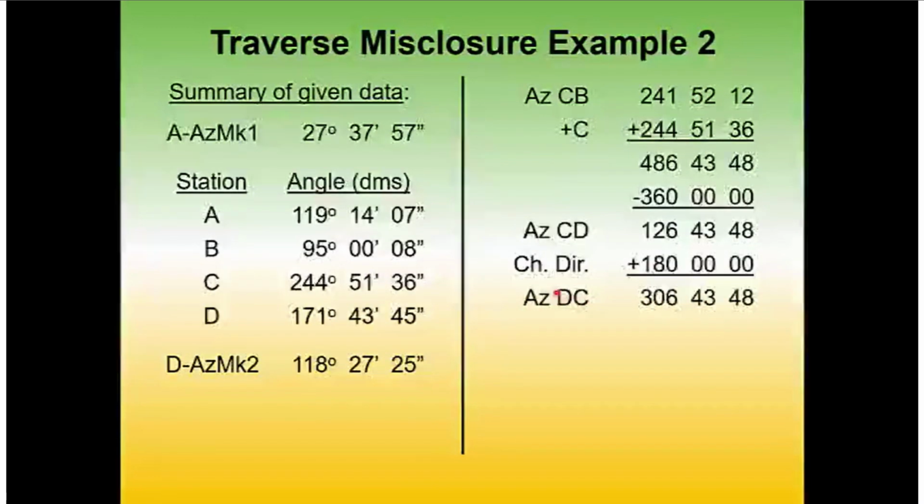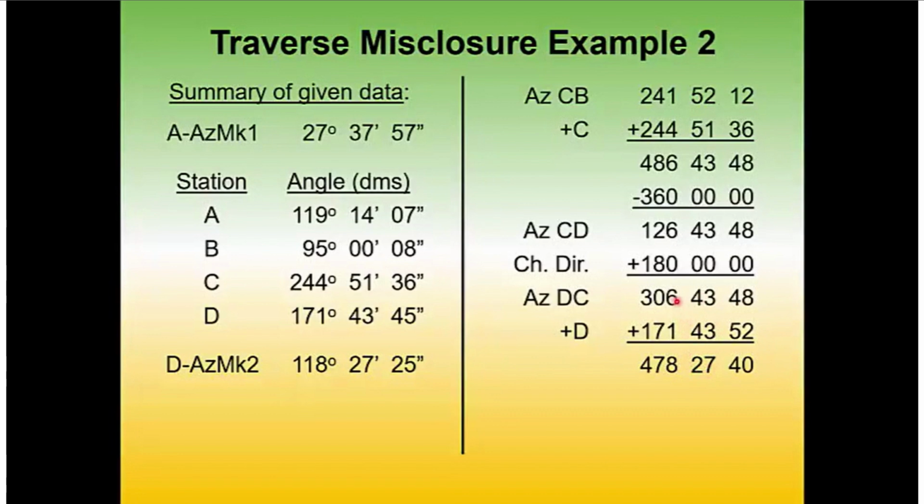And now we need the angle at D. Just add that, and we'll get the azimuth mark direction from D to azimuth mark 2. At least we should. Let's look at this. Well, we get 100 over here. That's going to give us 100 is actually 40 seconds plus 60 seconds, which is 1 extra minute. The 243s gives us 86 plus 1 is 87. Well, that's really 27 plus 60 minutes.